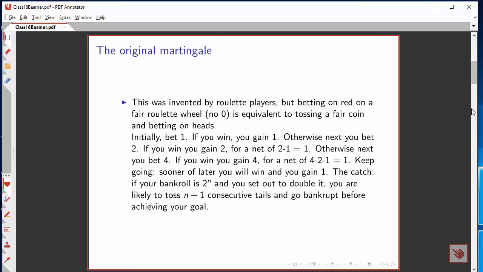The term martingale originally arose in the context of roulette, and you may actually have heard of the martingale system for playing roulette. Here's how it works. You pick some bet where you have a 50% chance of winning. This requires finding a roulette wheel that doesn't have a 0 on it.